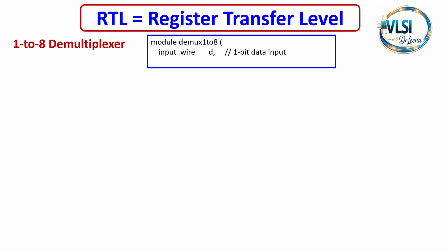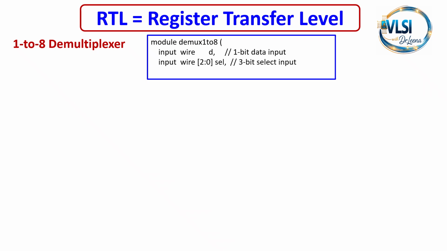Now we are going to declare the input using wire, that is a 1 bit input signal D that carries the data to be routed. Next, we are giving the 3 bit select signal sel. It is used to choose which output line gets the input.